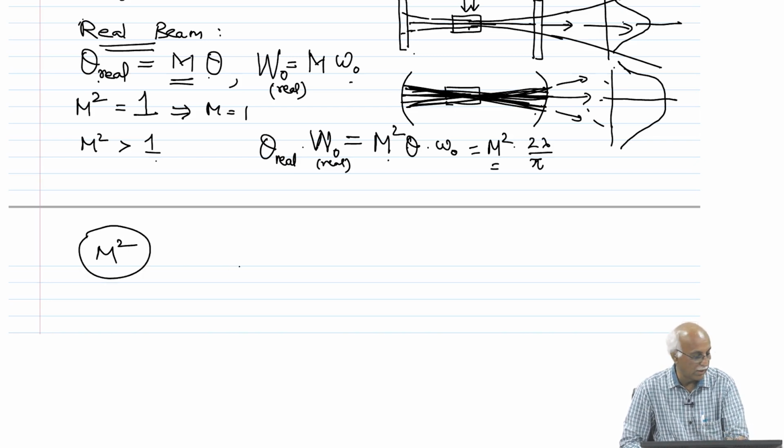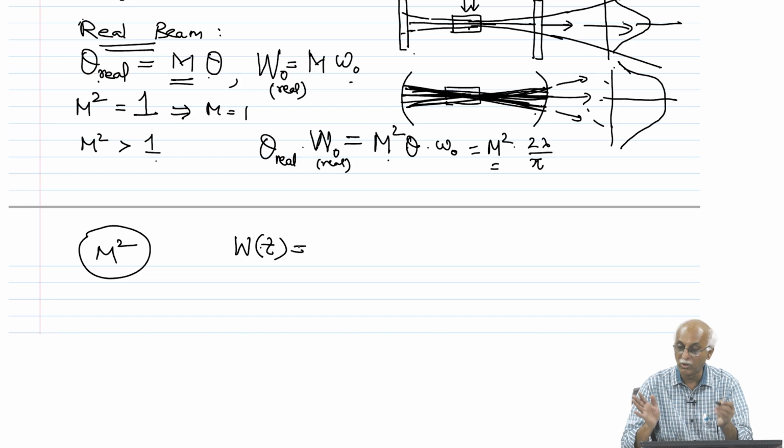So, this M square is, let us say, in case of a beam which is expanding, not an ideal beam, with a parameter M square.